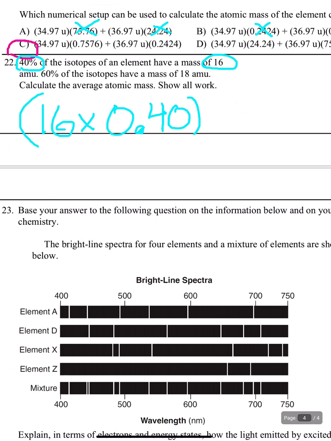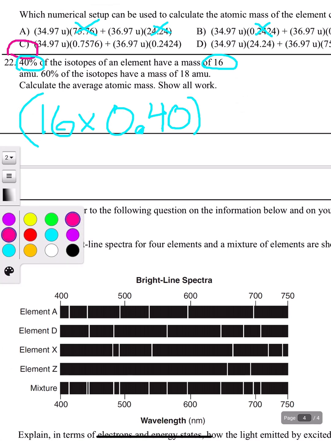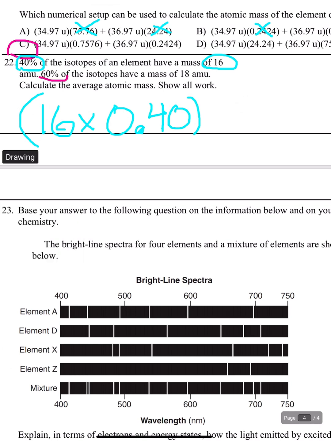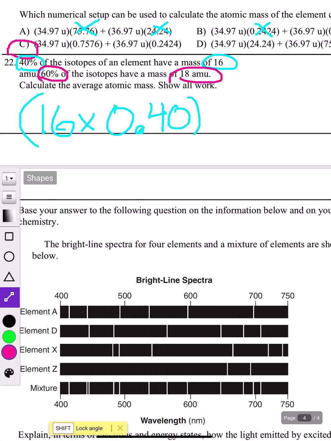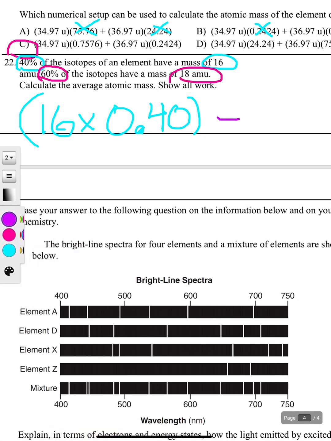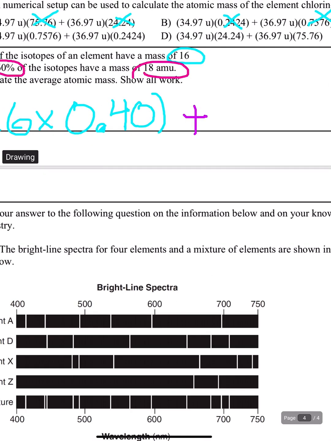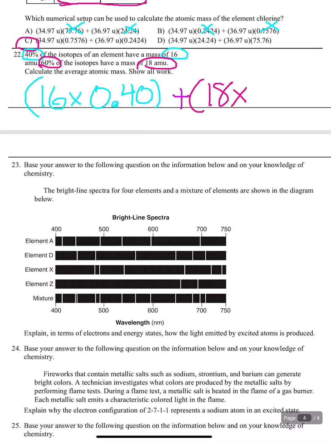That's one isotope. And then they give me the other one, 60%, 18 AMU. So I'm going to put plus 18 times 0.60.